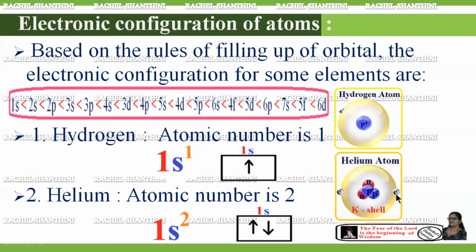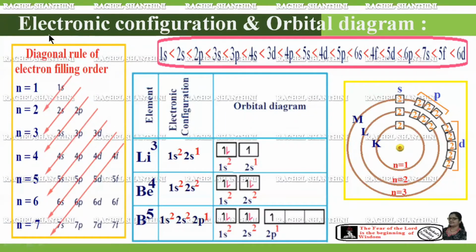So to represent these 2 electrons in the s suborbital, we draw an upward arrow mark which represents the first electron with a positive spin, and a downward arrow mark which represents the second electron with negative spin.